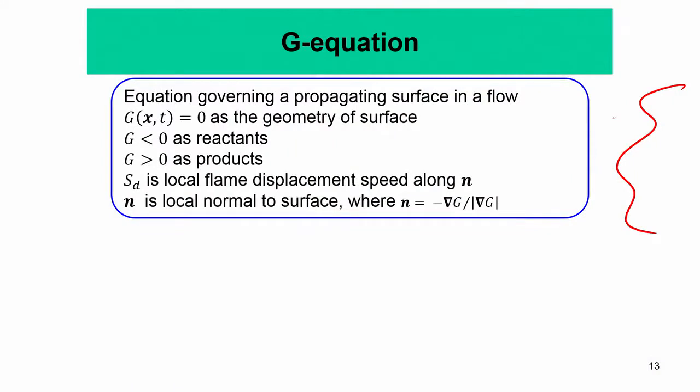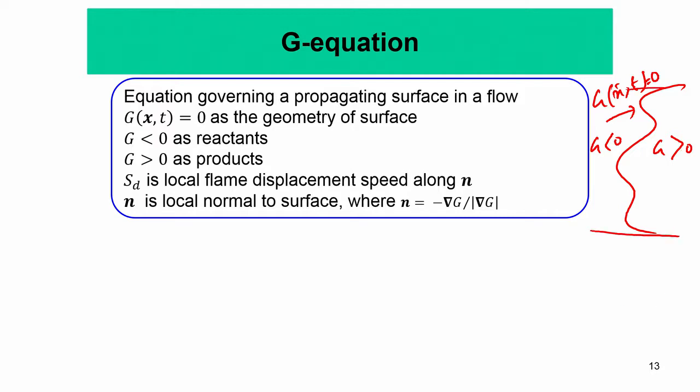So this surface is given by G(x, t) equal to 0. On the unburnt side my G value is less than 0, and on the product side, which is downstream of the surface, my G value is greater than 0.